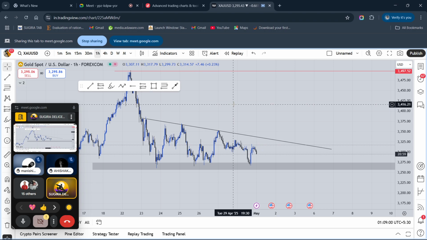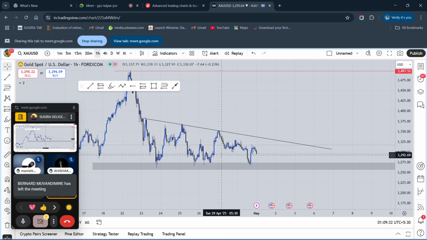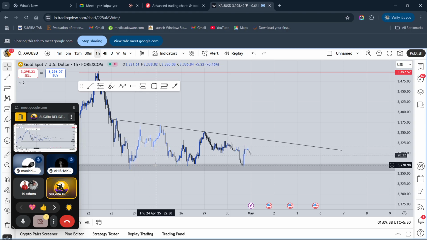Remember, for my strategy, even if I just analyze gold alone, you can know how to analyze other pairs. I went to the higher time frame, which is the 4-hour, to know the points of interest: where the market is heading to, where the market is targeting from the market structure, and where the market has been rejecting most of the time, or where the market has created either a resistance level or a support level.